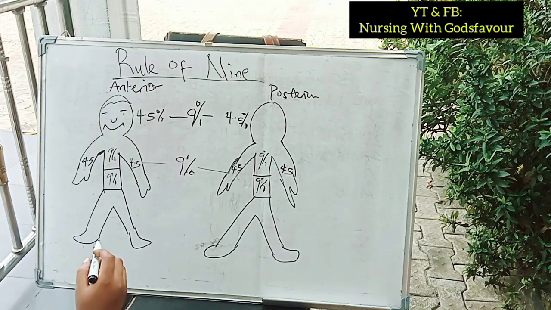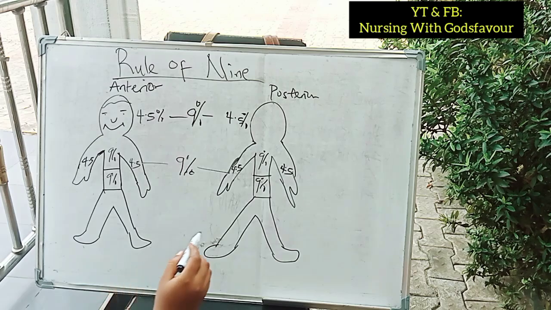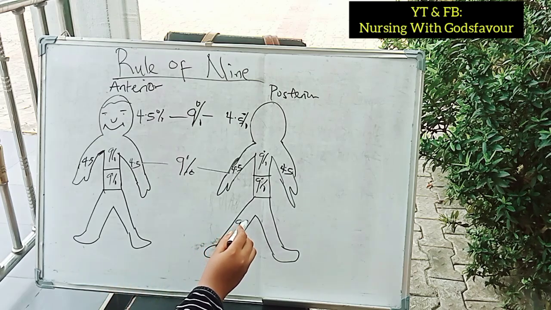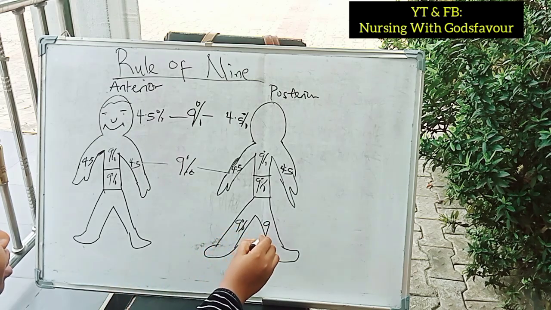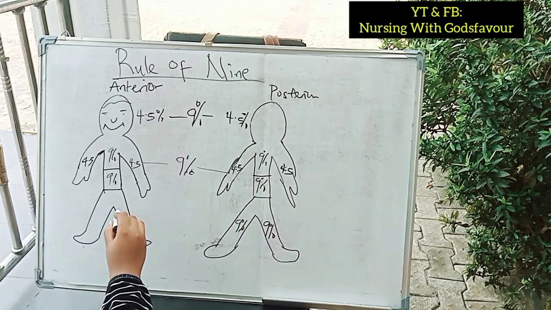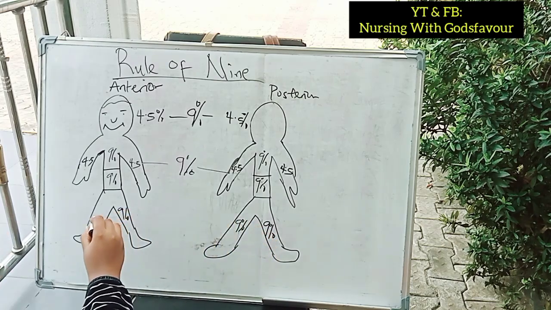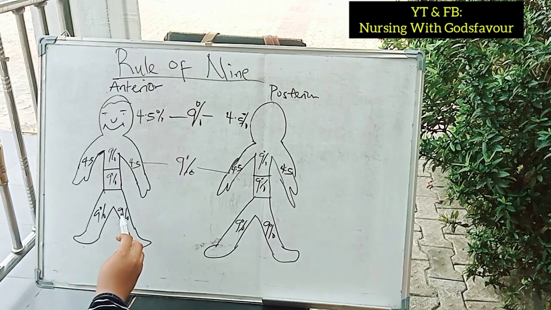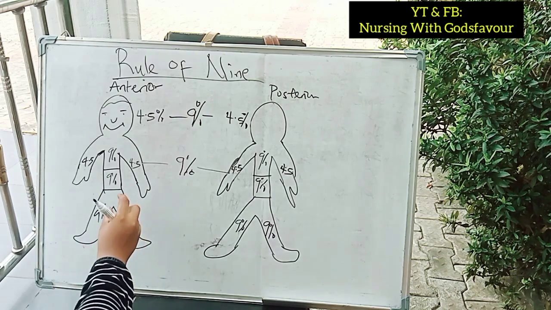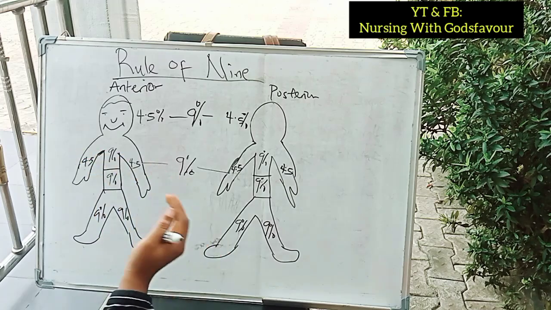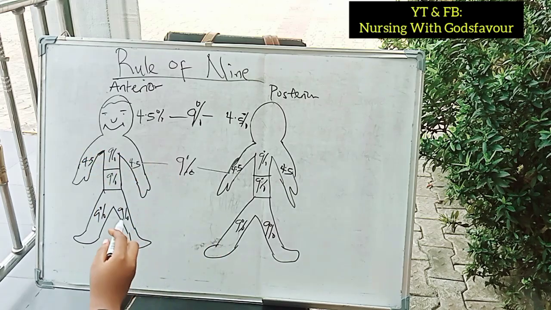Then the legs. Each leg is 9% anteriorly and 9% posteriorly, so back and forth is 18%. If the whole leg, both posteriorly and anteriorly, is affected by burn, it is 18%.